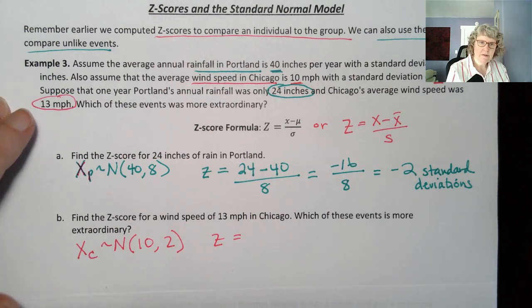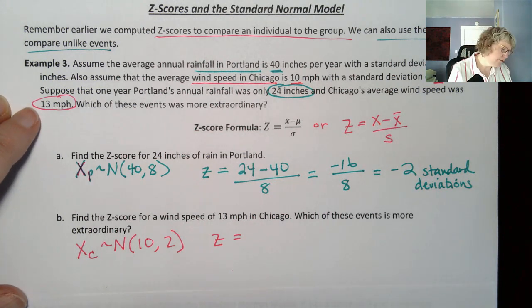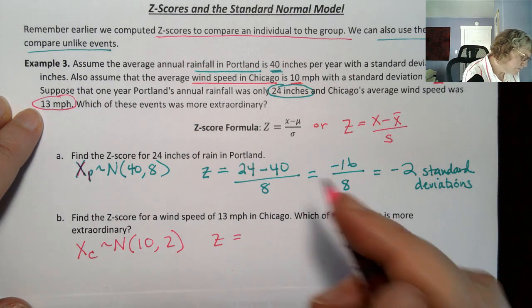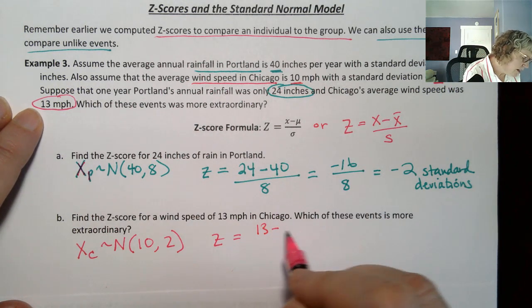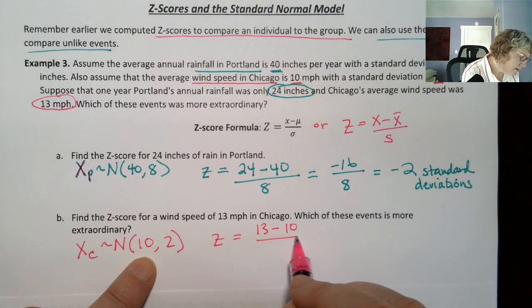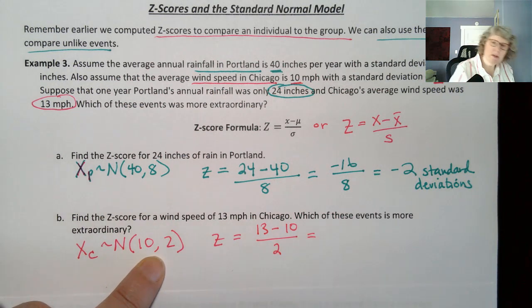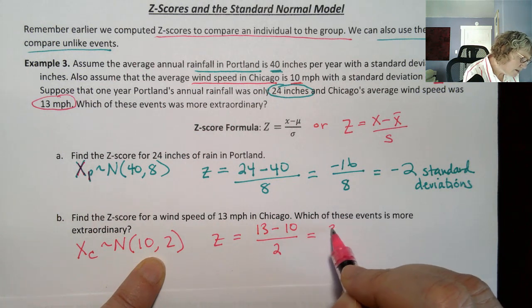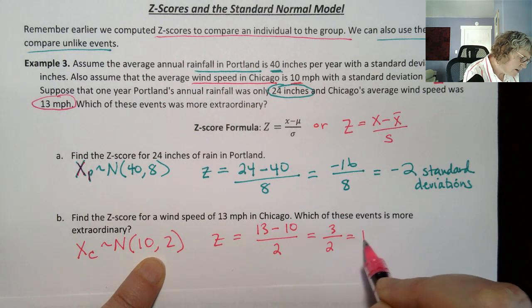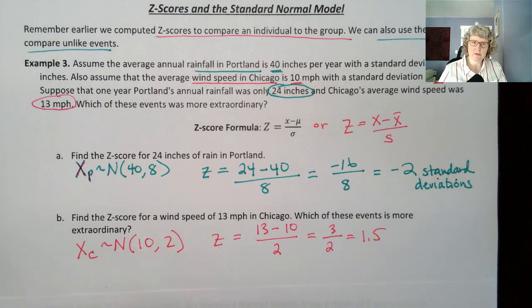We take our x value, the individual one we're trying to find the z-score of, 13, minus our mean, which is 10, divided by our standard deviation, which is 2. This one I can do: 13 minus 10 is 3, divided by 2, and I know that's 1.5, but I'll do it on the calculator as well.